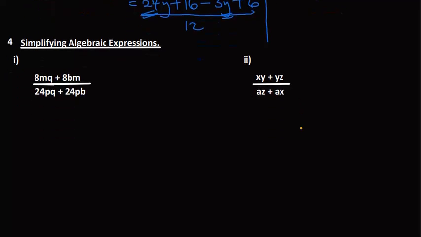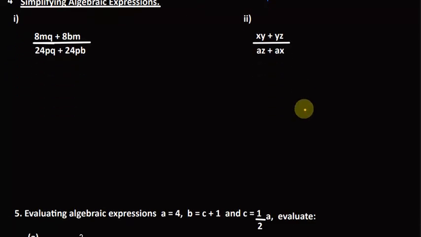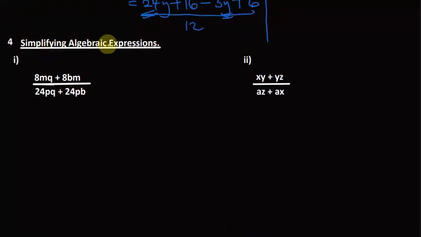Let's look at the second last part. 8, we want to simplify the algebraic expression. Simplifying is just factorizing as usual. What is common between 8mq and 8bm? 8 is common.